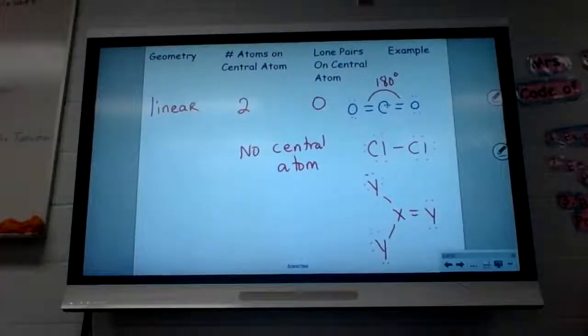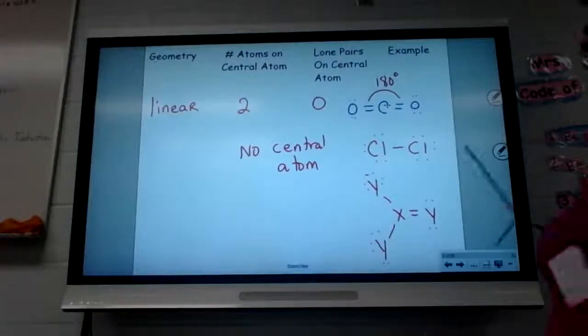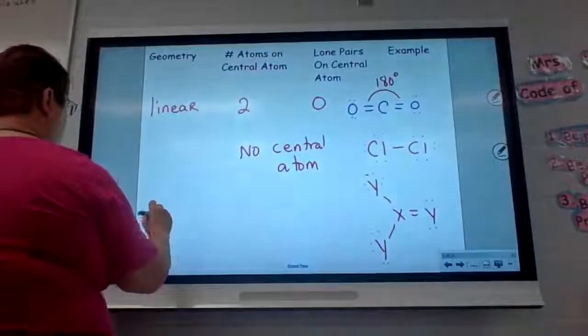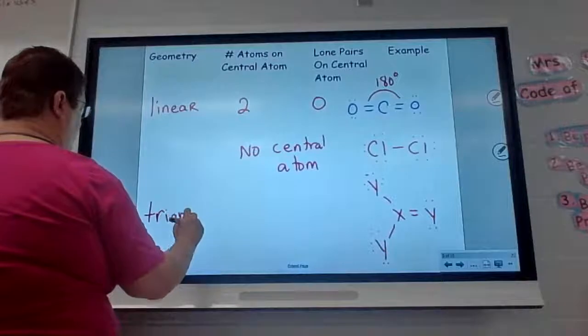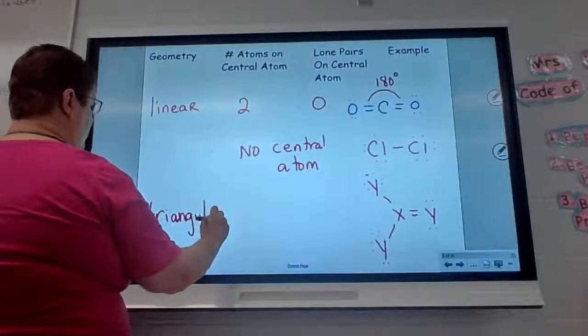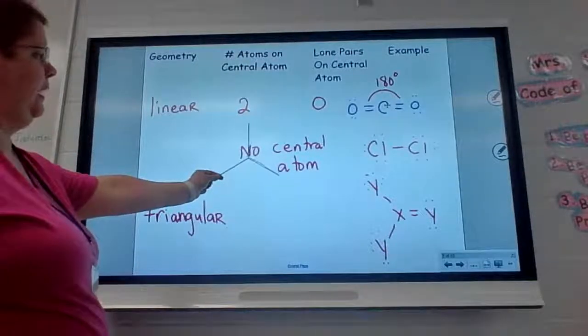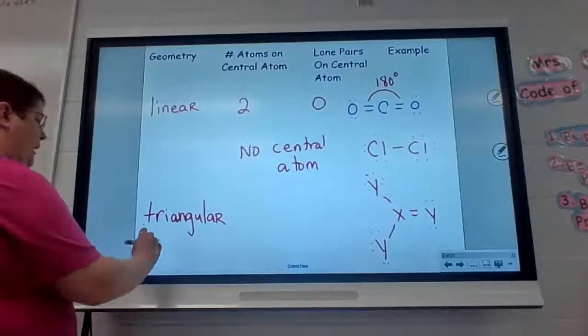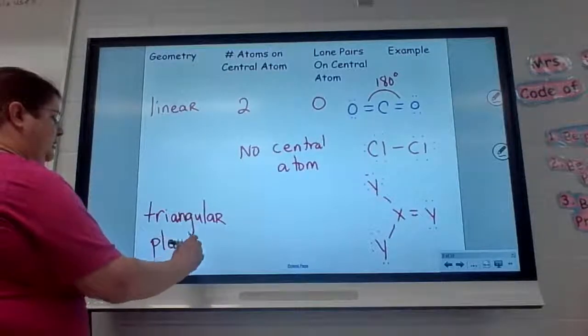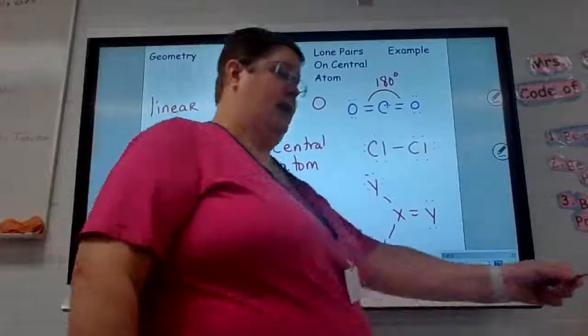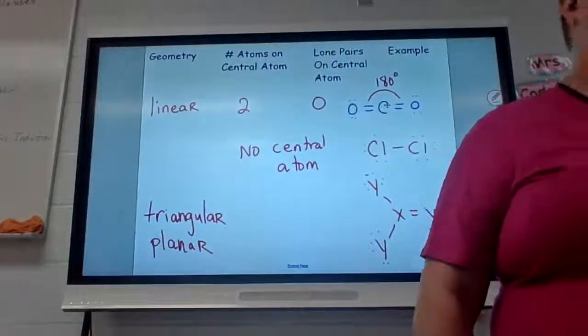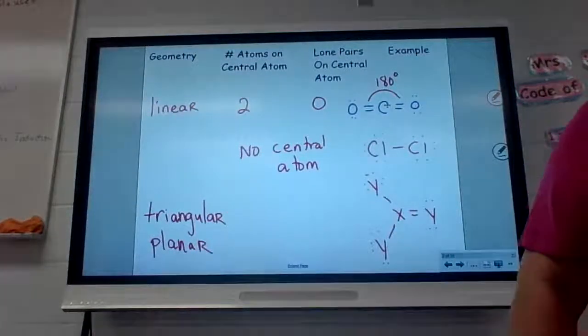If you connect the 3 points, what's the shape? It's a triangle, so it's called triangular, and it lies flat in the plane of the board, so it's called planar because it's flat. Now we have 3 triangulars, so you cannot just call it triangular.